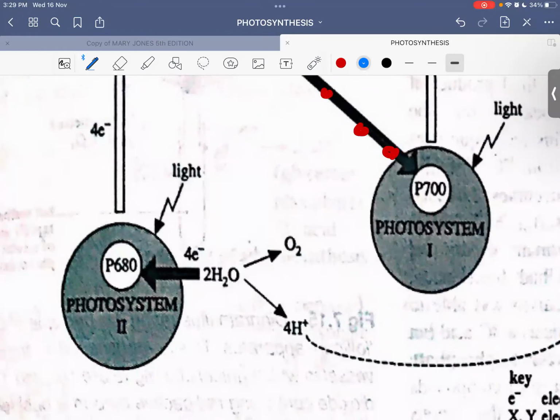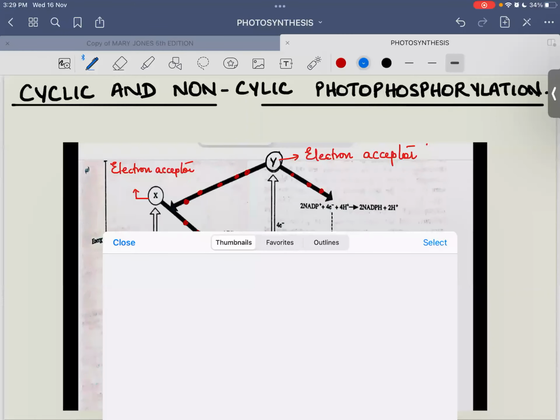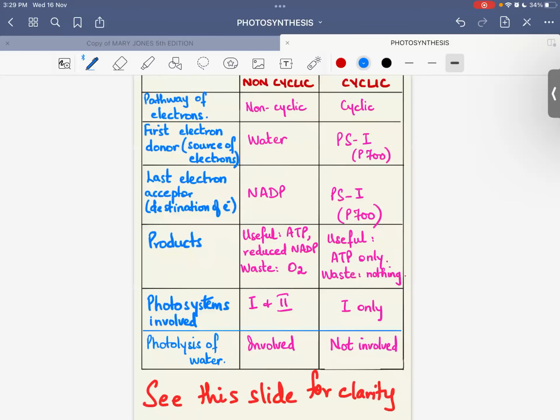So the first electron donor in non-cyclic, I repeat once again, is water, and cyclic में तो हम सबको पता है कि cyclic में first electron donor भी PS1 है, और जो लास्ट इलेक्ट्रॉन एक्सेप्टर है वो भी PS1 है, ठीक है। लेकिन नॉन साइक्लिक का थोड़ा सा टेक्निकल है कि the first electron donor is water and the last destination of electrons, last electron acceptor, is NADP. अच्छा, प्रोडक्ट को देख लेते हैं। The products of non-cyclic are what?